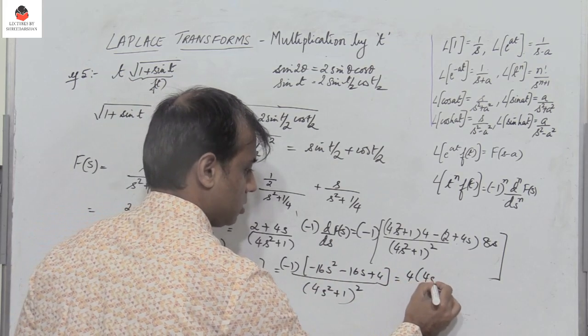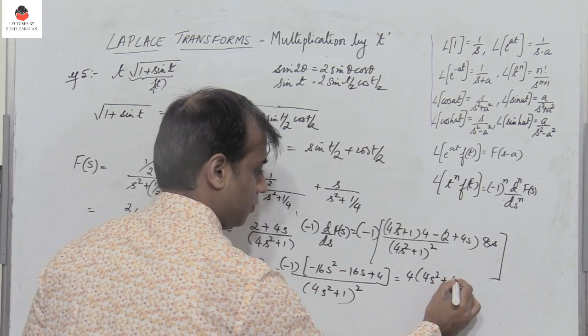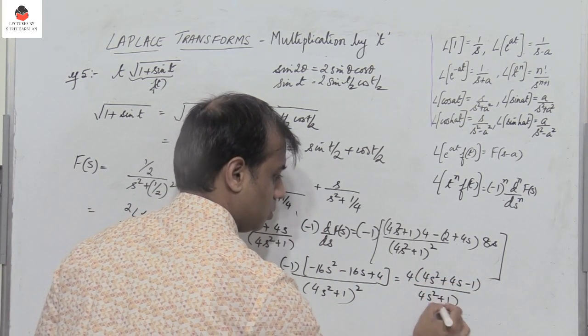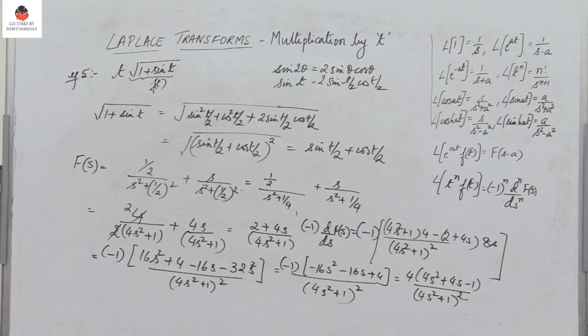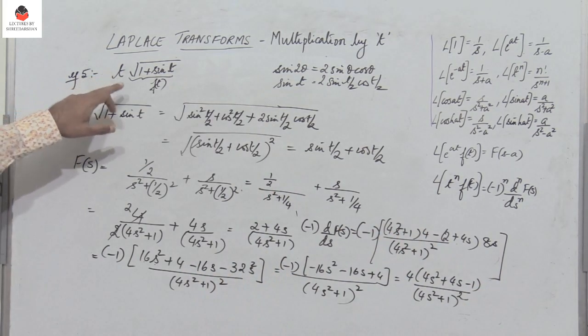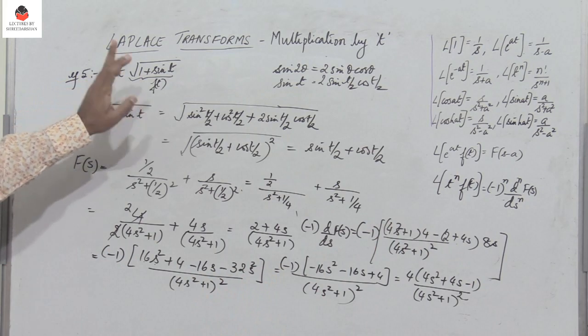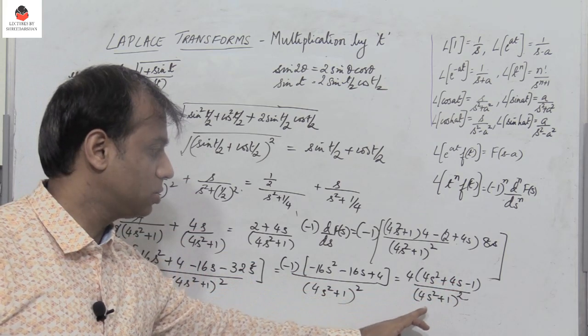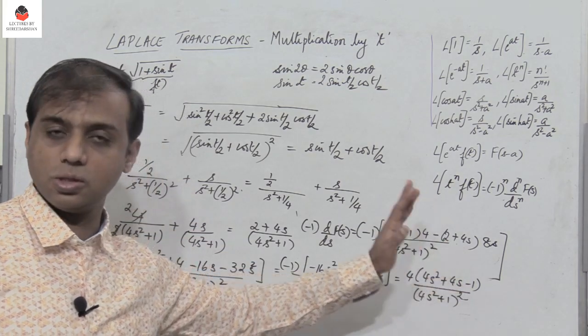So you get 4s square plus 4s minus 1 divided by 4s square plus 1 the whole square. So therefore the Laplace transform of t root of 1 plus sine t equals 4 into 4s square plus 4s minus 1 divided by 4s square plus 1 the whole square.